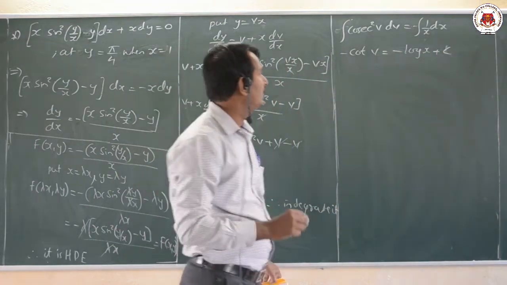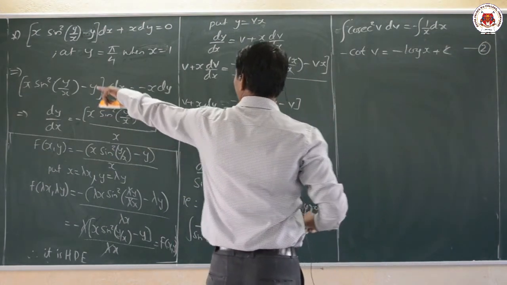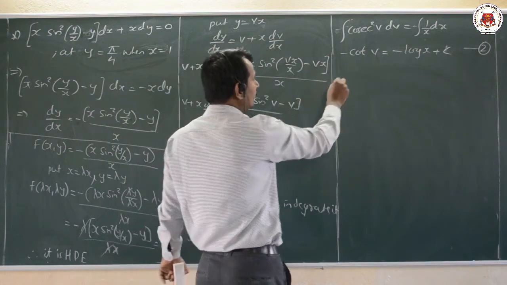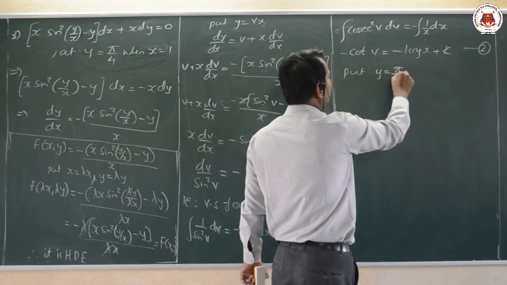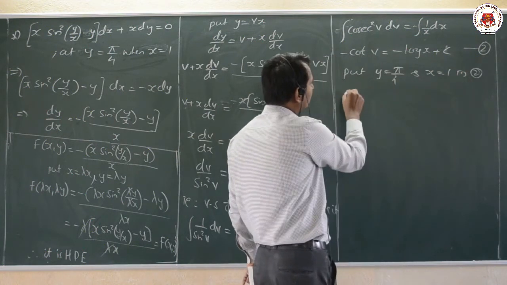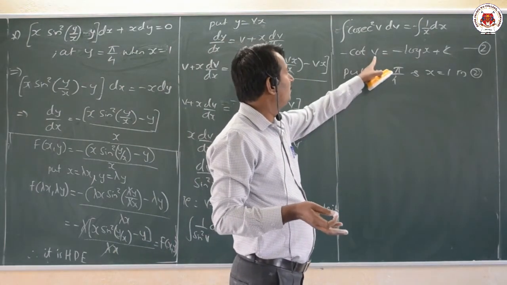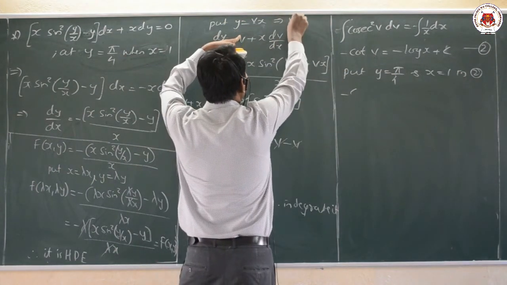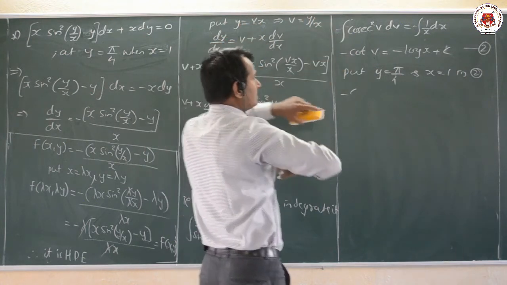Since we require to find the particular solution, we will take this as equation number 2, and I will put the given initial conditions in equation 2. Before going with that, v is equal to y by x, which I require to substitute here.